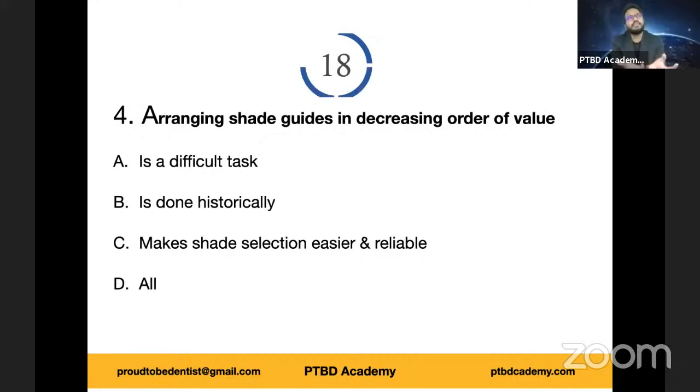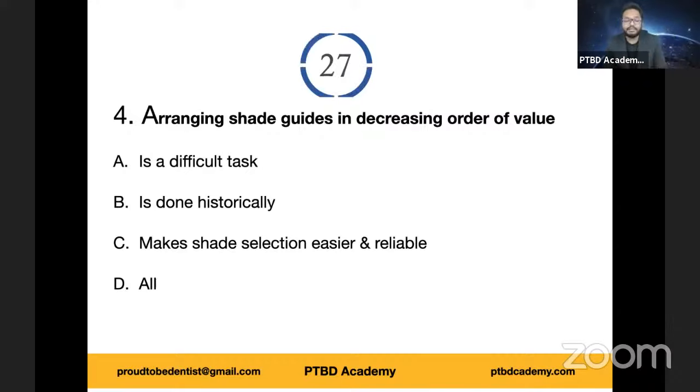In fact, value, according to one of the articles, is considered to be the most important optical parameter. So that's the reason why we're trying to arrange it in a value sequence. Even though it might be difficult, and I don't think that's difficult. Again, that's subjective. Even if we assume that it's difficult, once you arrange it, it's just done once, not every day or for every patient you keep changing. No, right? You just arrange it.